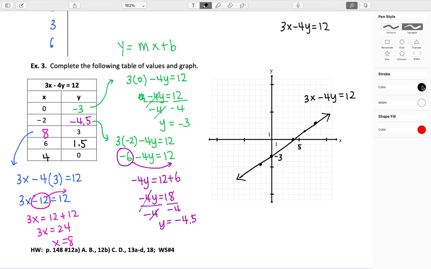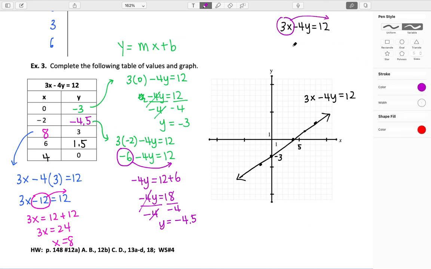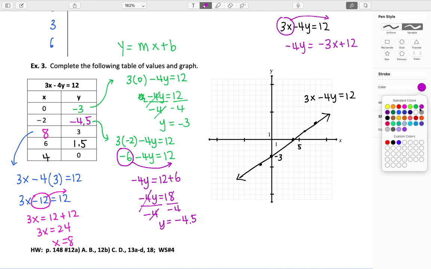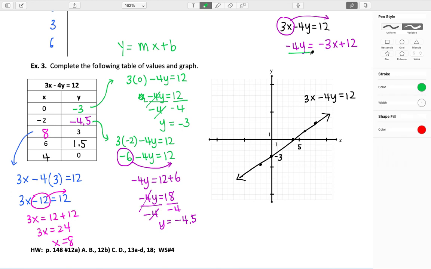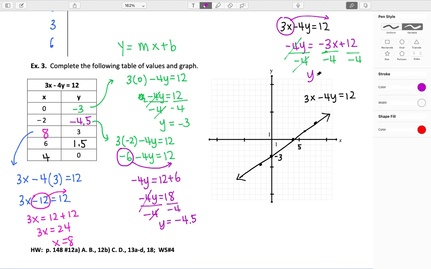So I'm going to move 3x to the other side. So on the left side, I have -4y equals -3x plus 12, right? Positive 3x becomes negative. And whatever is in front of y, we are going to divide by that number completely. -4, so it cancels out. Therefore, y is equal to, negative becomes positive, so 3 over 4x minus 3.